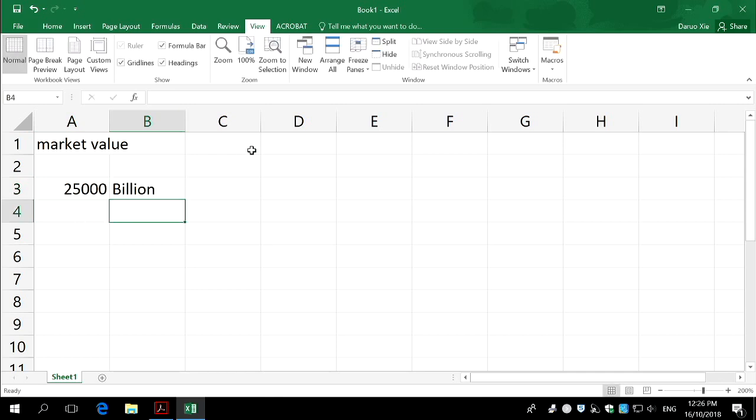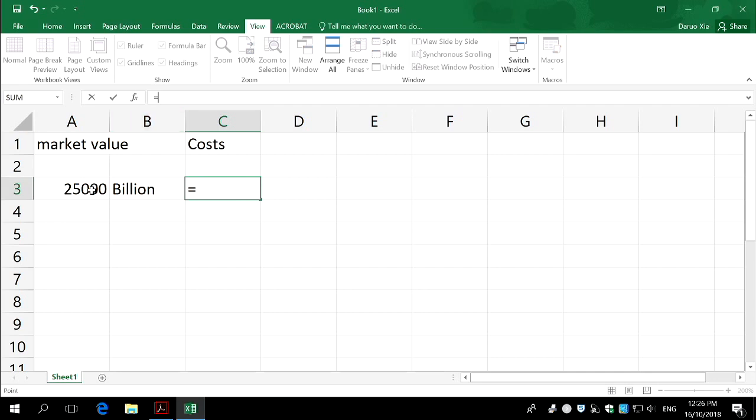And then the fees are charged by the costs. The cost of active investing equals this amount of money times 0.67%, that's 0.0067, right?